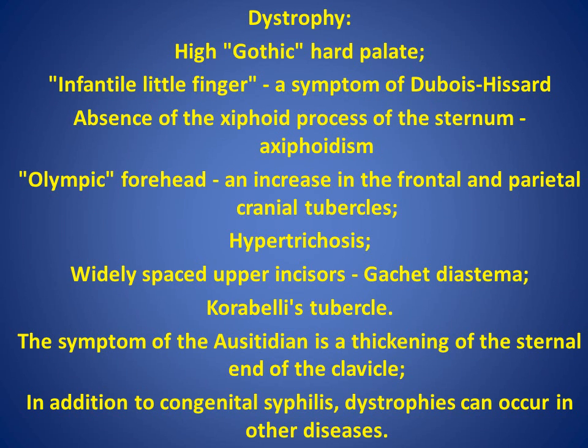Dystrophy. There are forms of dystrophy that appear in late congenital syphilis, especially the high Gothic palate, infantile little finger, a symptom of Dubois fissure, absence of the xiphoid process of the sternum, axiphoidism, Olympic forehead, an increase in the frontal and parietal cranial tubercles, hypertrichosis, widely spaced upper incisors, Gaucher diastema, Carabelli tubercle.